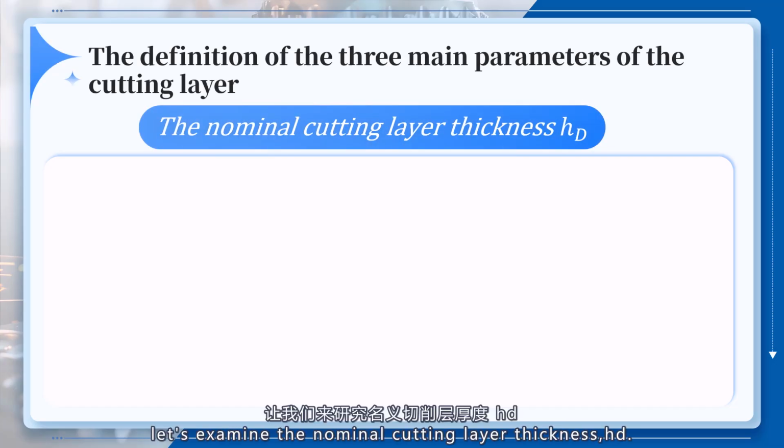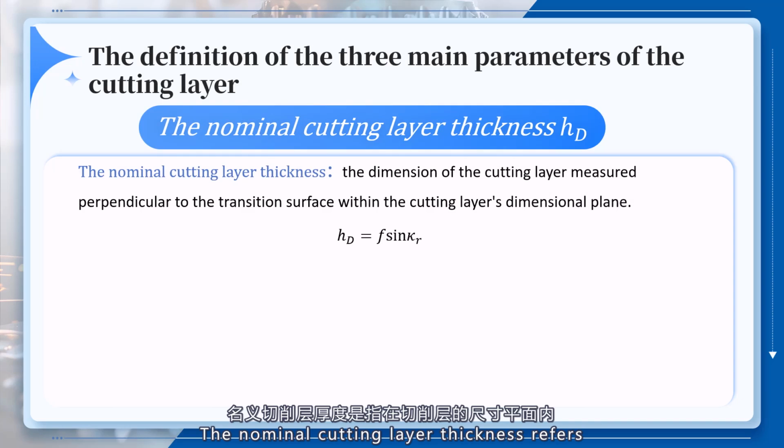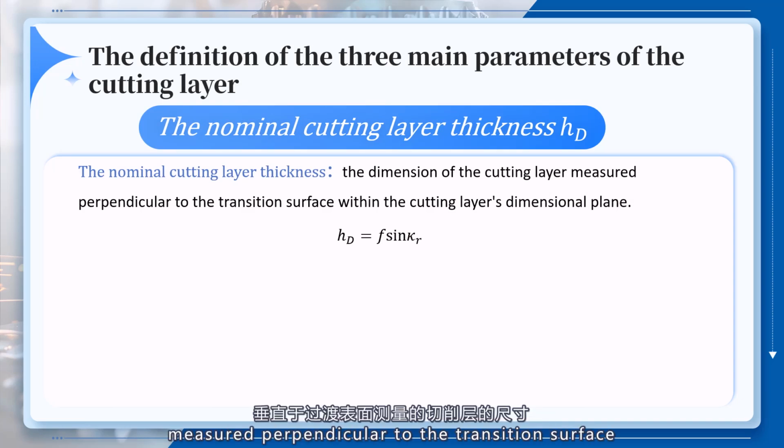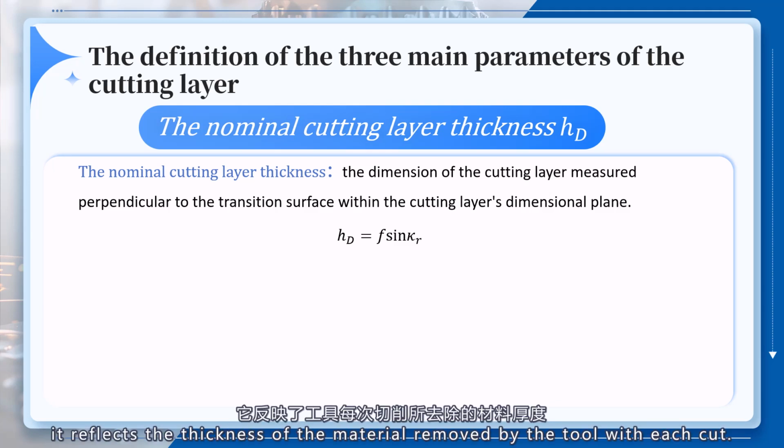First, let's examine the nominal cutting layer thickness, HD. The nominal cutting layer thickness refers to the dimension of the cutting layer measured perpendicular to the transition surface within the cutting layer's dimensional plane. Simply put, it reflects the thickness of the material removed by the tool with each cut.